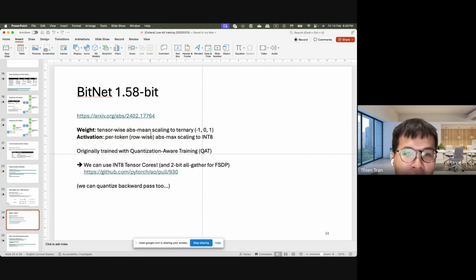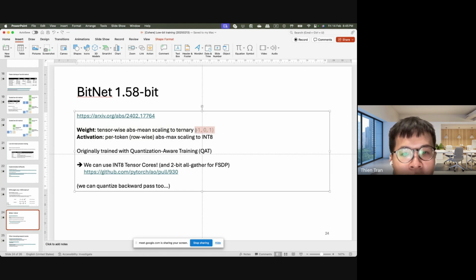In this case, everything is already perfectly suited for int8 tensor cores, and you just do it. One interesting point is that when we have distributed training, like using FSDP, I won't talk too much about this, but because the weights have these three possible values, we can do a much more efficient two-bit all-gather.